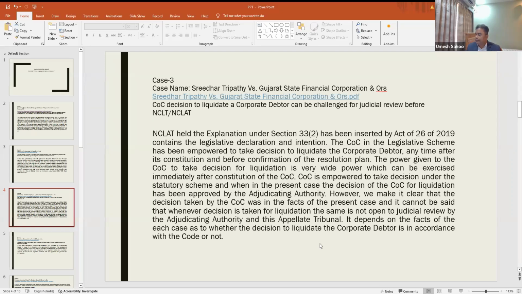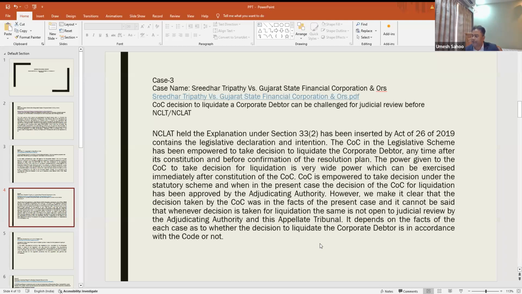But if you are not finding any resolution applicant and your period has been over, there is a chance that you can file a liquidation application. The liquidation decision is not only with the COC. There is ample power with the honorable tribunal also.